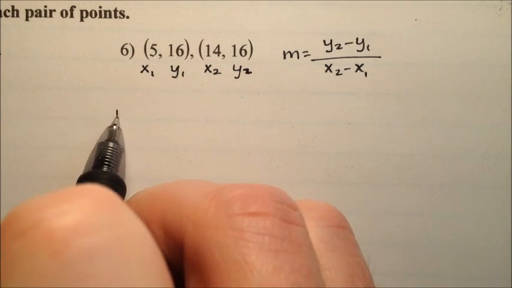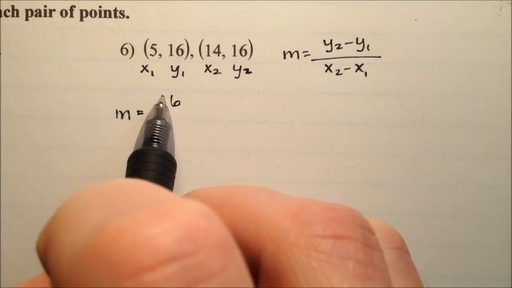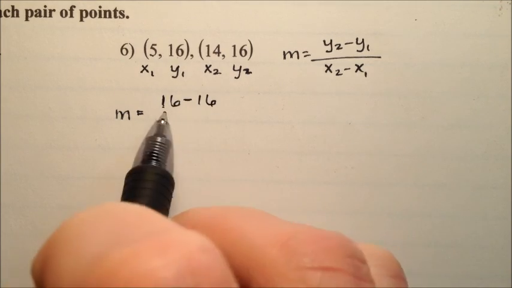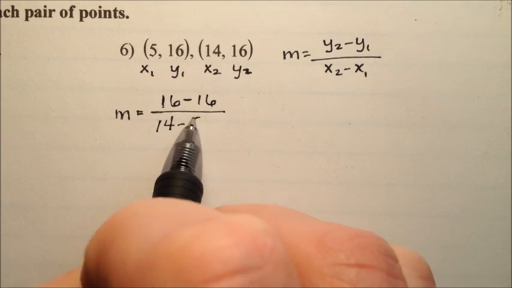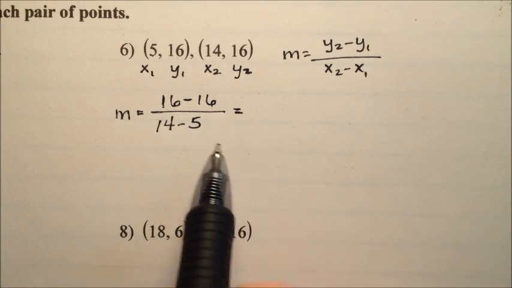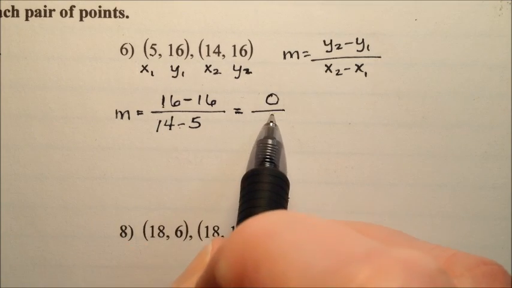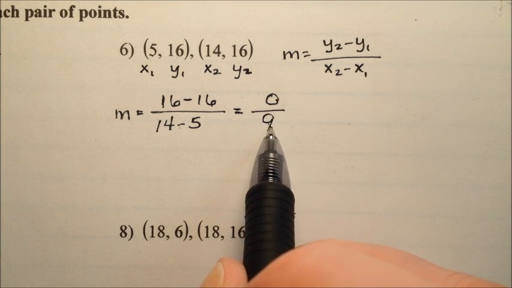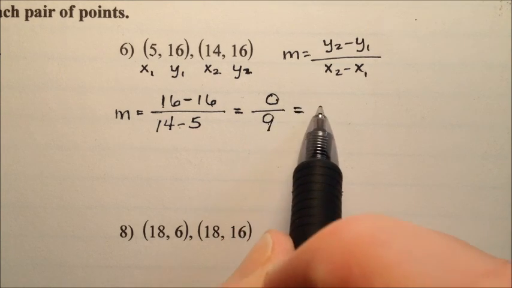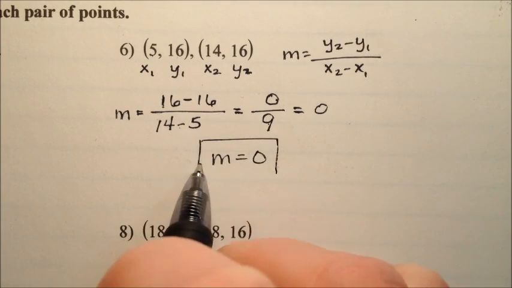So m equals y2, which is 16, minus y1, which is 16, over x2, which is 14, minus x1, which is 5. So 16 minus 16 is 0, over 14 minus 5, which is 9. And 0 divided by any number other than 0 is just 0. So m equals 0.